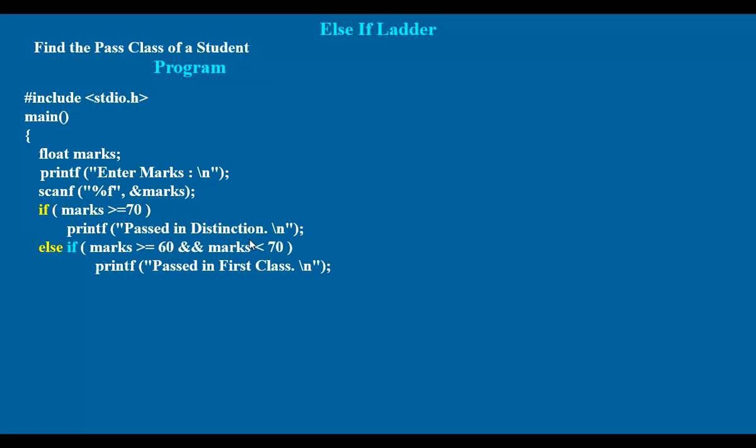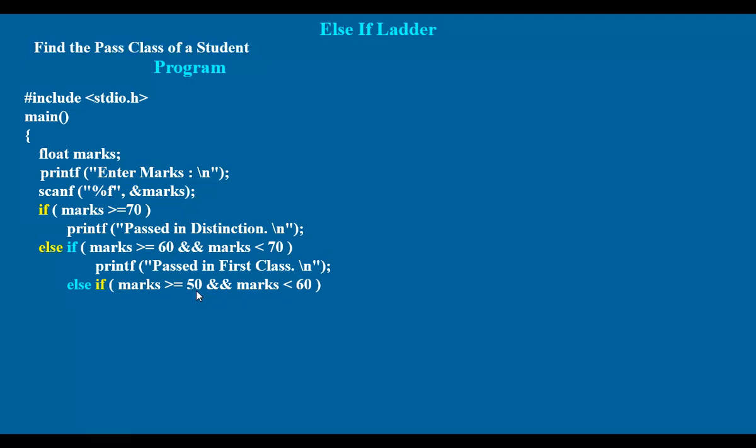Between 60 and 70. Next, if this is false, suppose he is not getting this many marks also, it comes here and another condition is tested. Marks greater than or equal to 50 and less than 60.